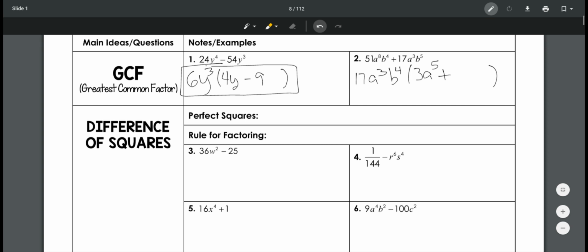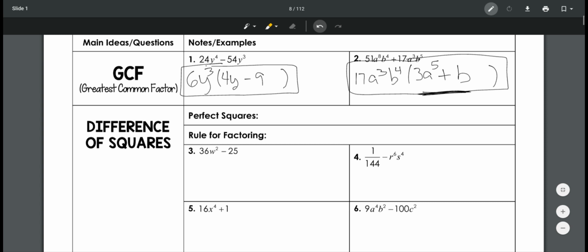And then b to the 5th and b to the 4th, when I subtract 5 minus 4, I end up with b to the 1st. Now, before I state that this is my answer, I look at the two terms in the group. Do these two terms have anything in common other than 1? They do not. So therefore, that is my answer using the greatest common factor method.